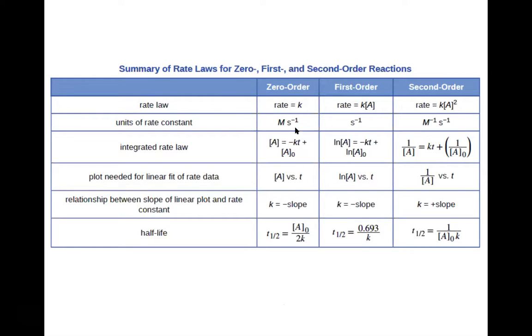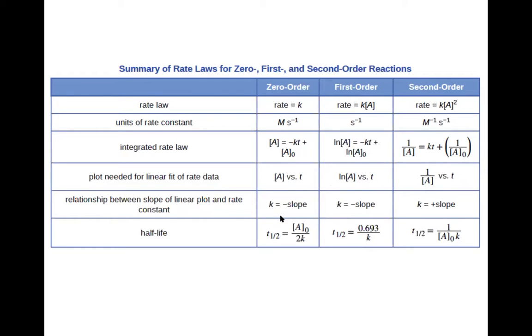It gives you units here, and then integrated rate laws here that we went over in this lecture, and then how we plot to get that straight line. Concentration of A versus time for zero order, the log of the concentration versus time for first order, and 1 over the concentration versus time for second order.